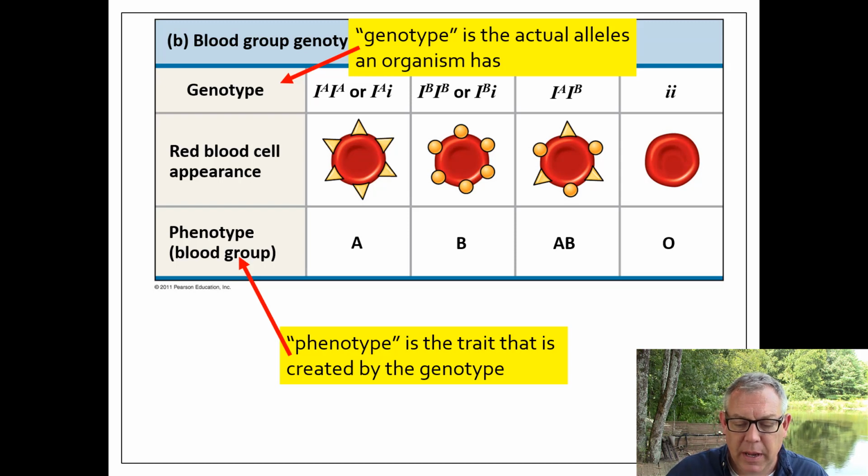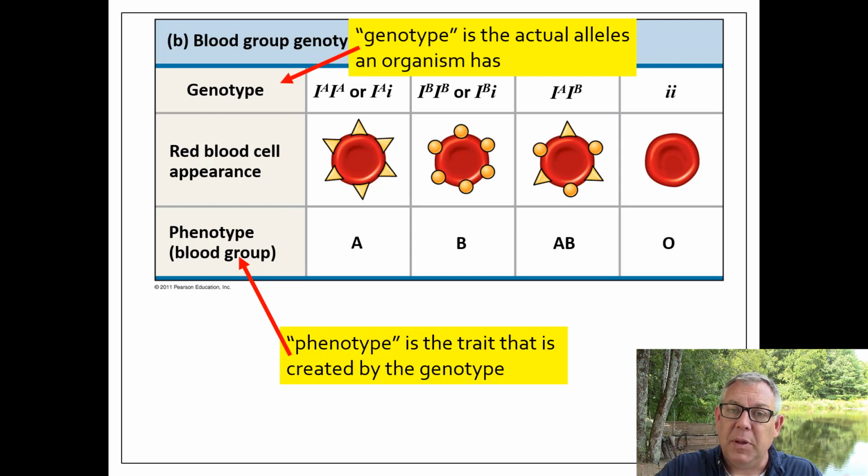And so here's just kind of a table illustrating this. And it's showing you the genotype and kind of a drawing of the red blood cell and the phenotype. Okay, so there's some more vocabulary to make sure that you know. Genotype are the actual alleles that an organism has. So whatever two alleles you have, that's your genotype.